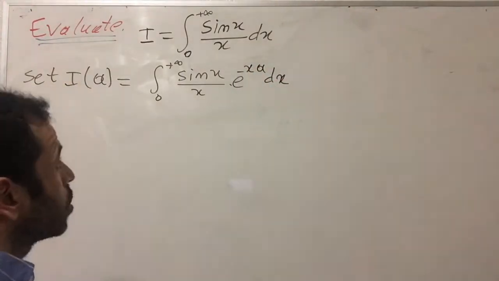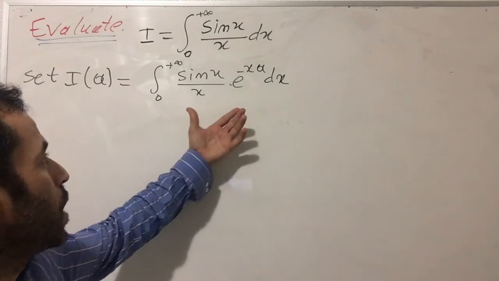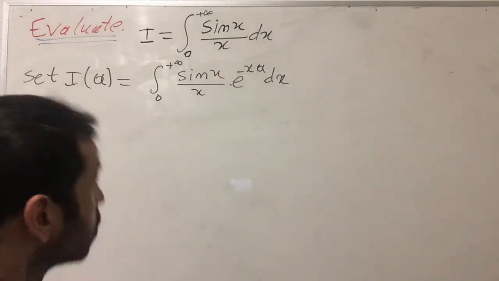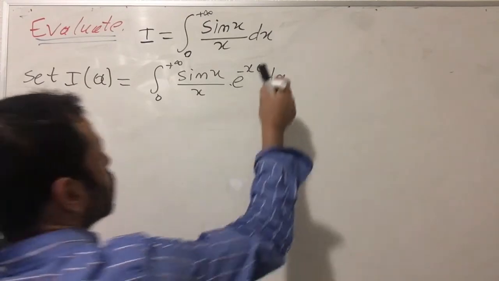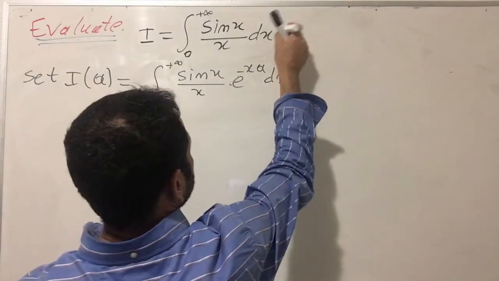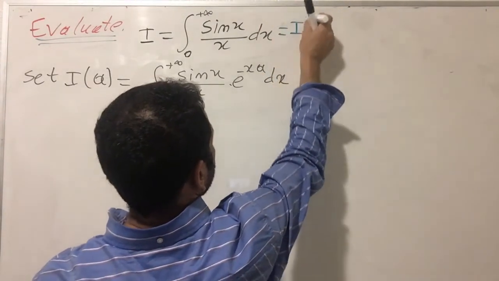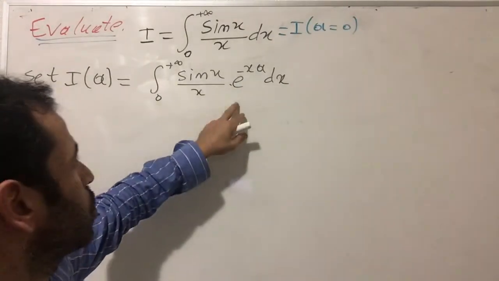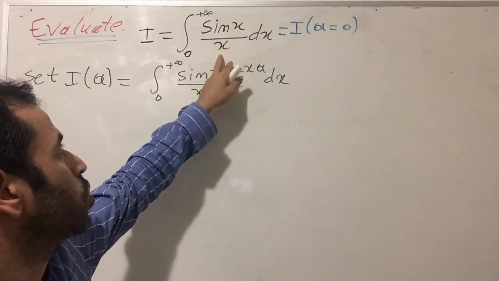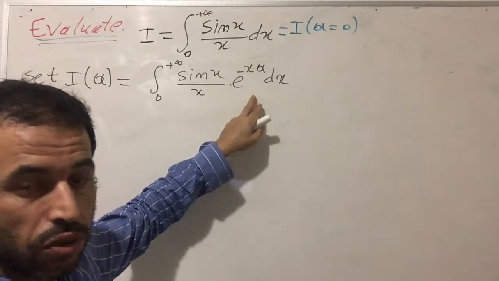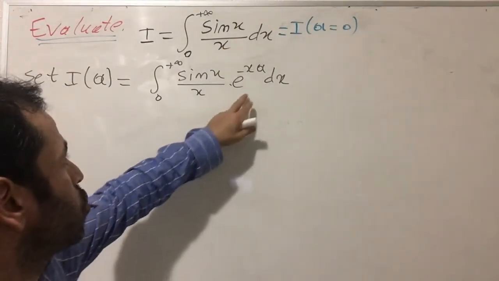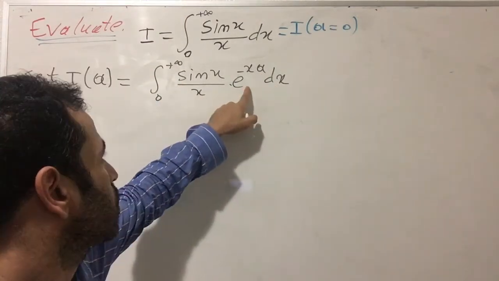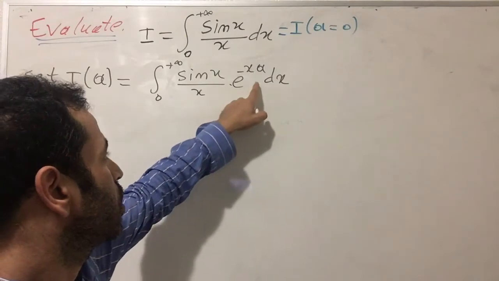What I'm going to do now is maintain this expression to make this integral work. If you replace a by 0 in this expression, it takes you back to the original integral, which is logical. The second thing we should notice is that, in order to have this integral evaluated, we must have this function convergent.